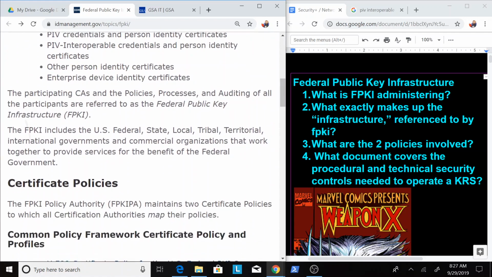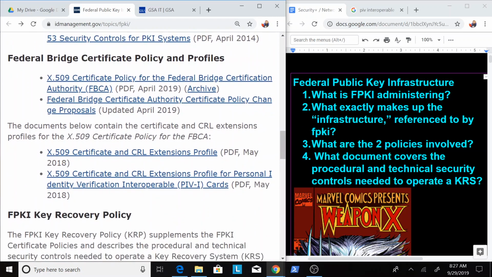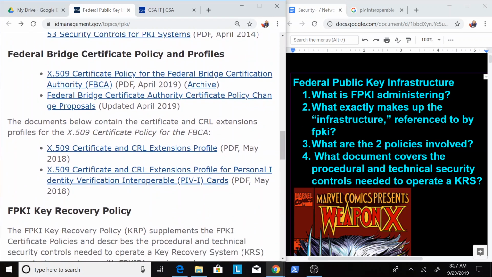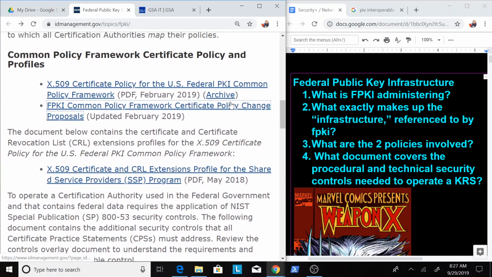So down here was certificate policies, and then there's those 2. Over here is the Federal Bridge certificate policy and profiles, and so there's those 2 again. I guess they just like distinguishing between X509 and then the idea that you have like this general policy. Well, we'll see when we start reading.